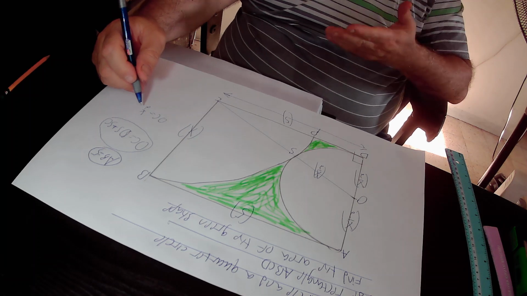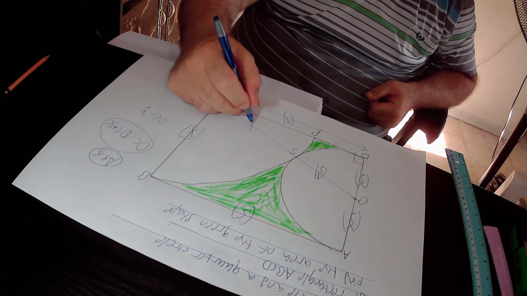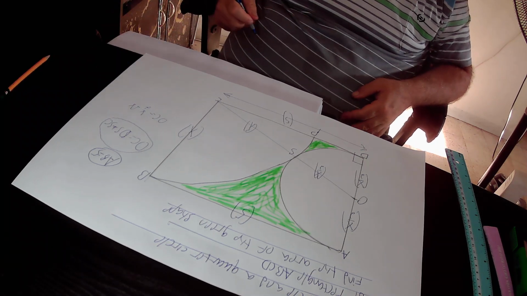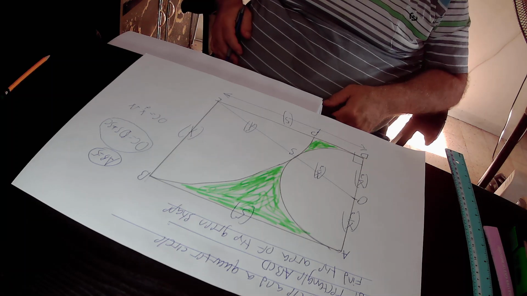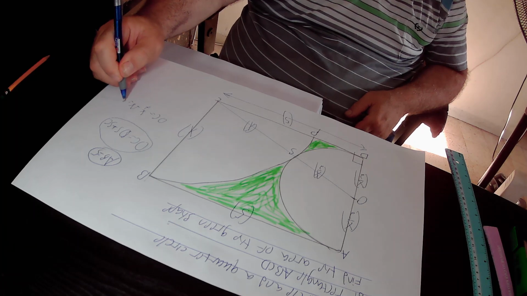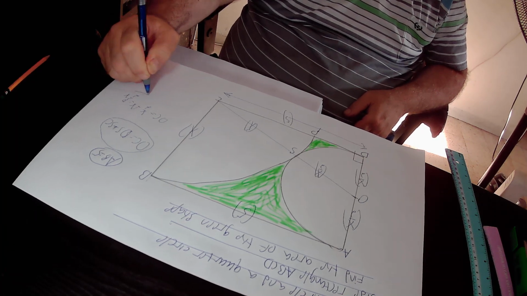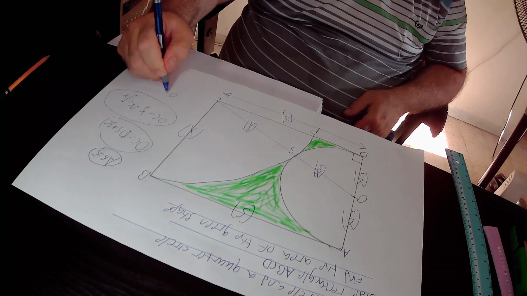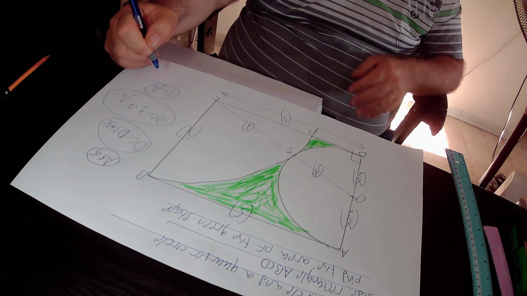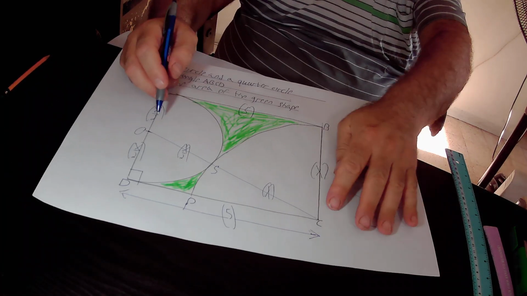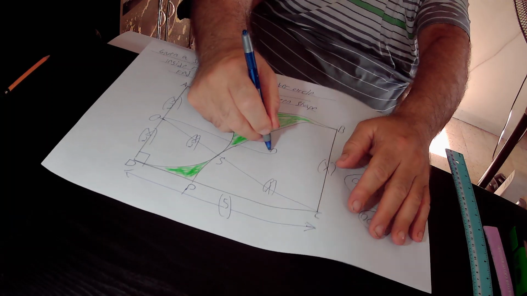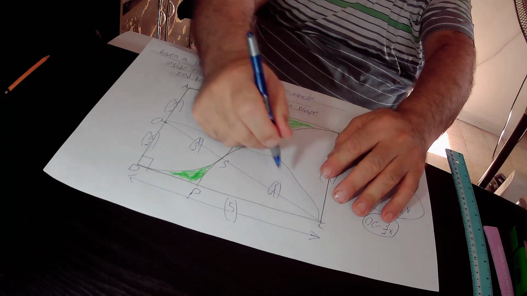SC is the radius of this quarter circle, which equals x. So in total we found out that OC equals x over 2 plus x, that is 1.5x, so 3 over 2 times x units. So OC, the hypotenuse of the right triangle ODC, equals 3 over 2 times x units.